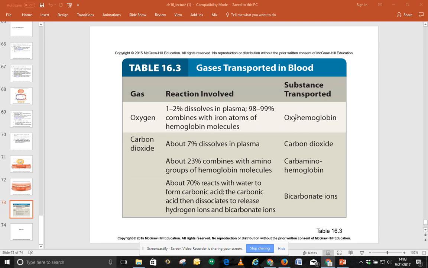It will no longer be oxyhemoglobin. It will be carboxyhemoglobin, I believe it's called, and you will be hypoxic, and you eventually will die because you have no oxygen attached to your hemoglobin, because the carbon monoxide will take the place of it.